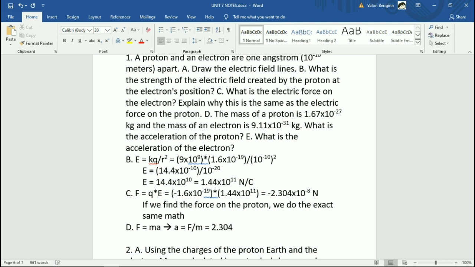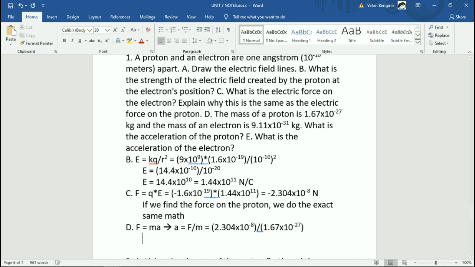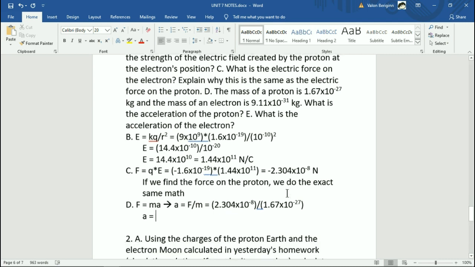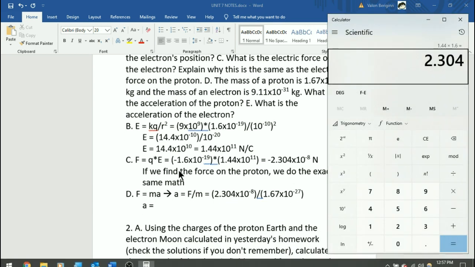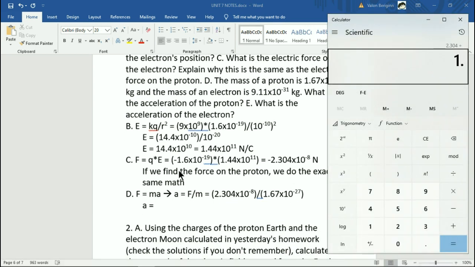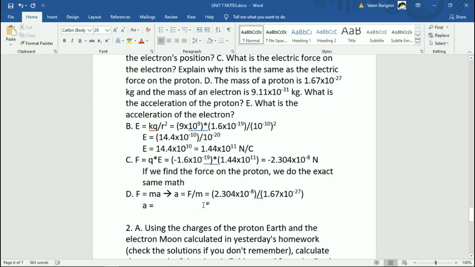So 3.04 times 10 to the negative 8 now. I'll keep doing the parenthesis thing. And then we're going to be dividing by the mass of the proton for this first one. So that is 1.67 times 10 to the negative 27. So A equals, whatever that is, 2.304 divided by 1.67, and you get, oh boy, I'll just do 1.38 as a rounding.